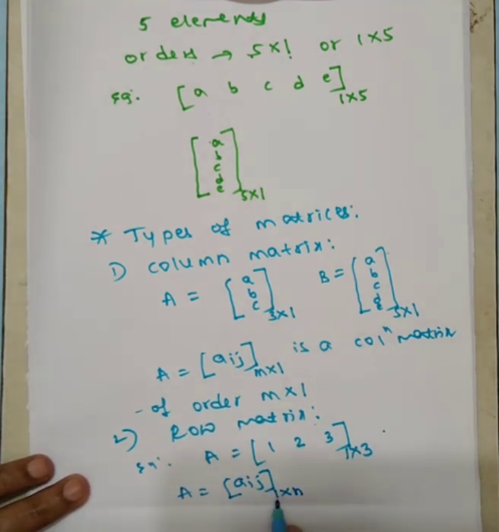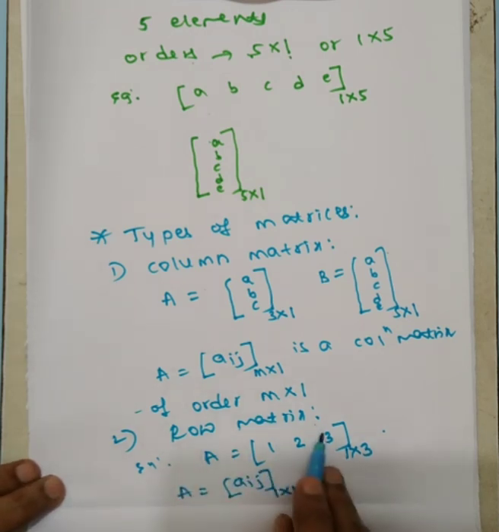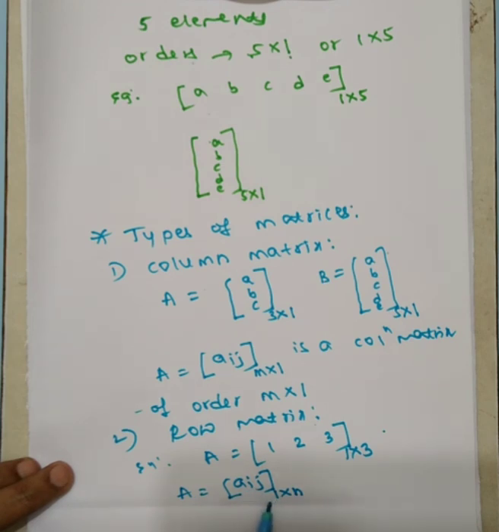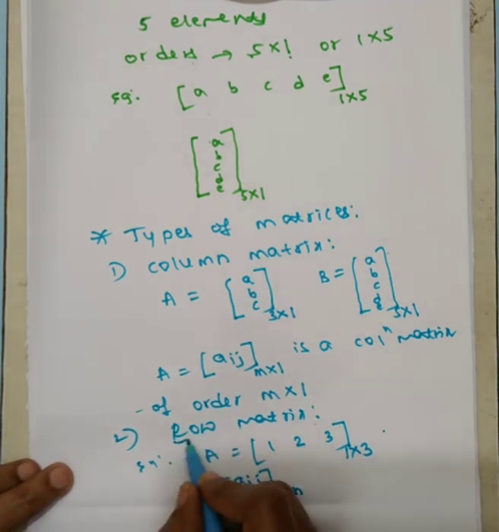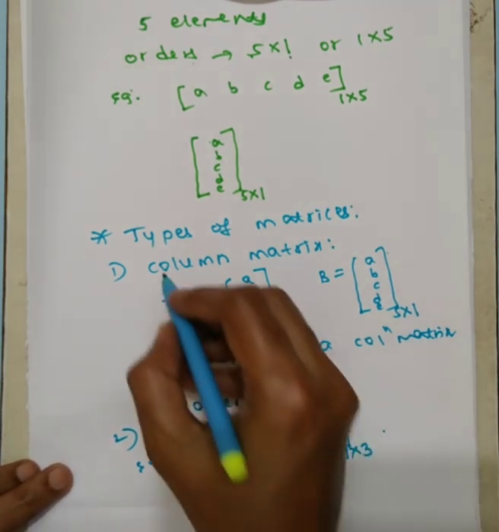So here 1 is what? The number of rows. Here the number of rows is only 1 and the number of columns can be anything. So therefore it is a row matrix. In general, how will you represent a row matrix? That is Aij, a matrix of order 1 by n.